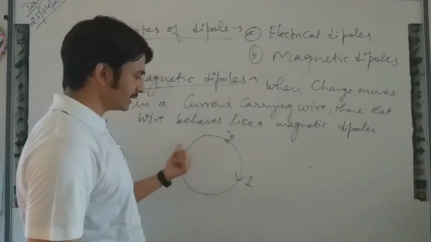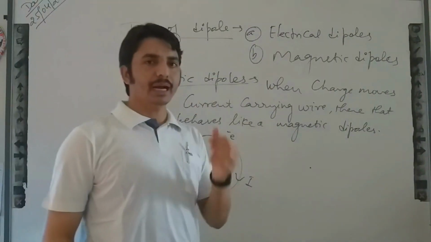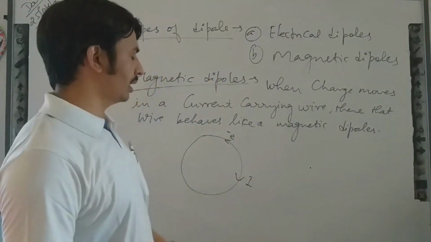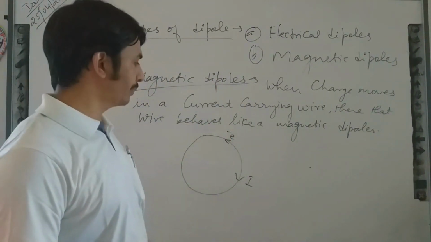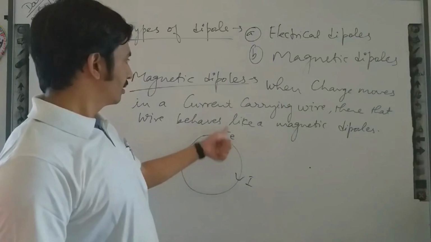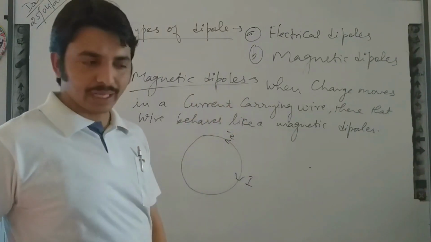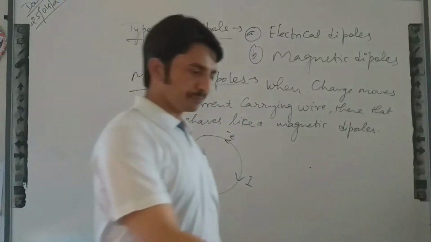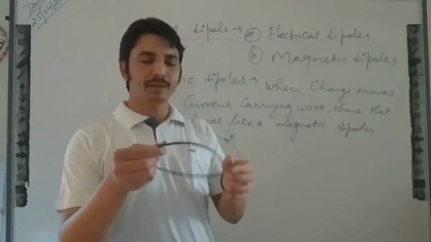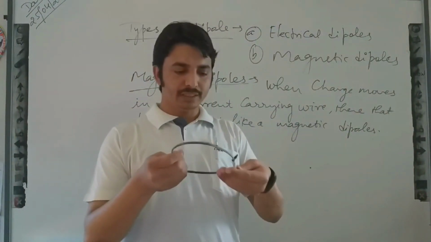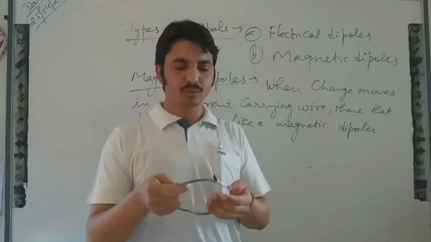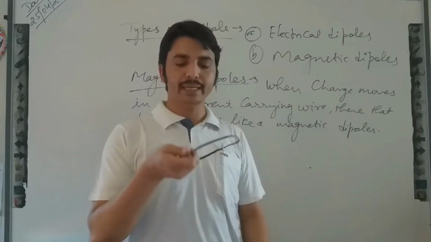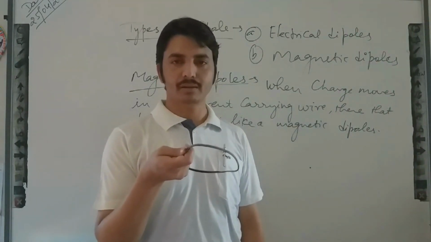So what is the direction of current and how can we identify the direction and magnitude of the magnetic dipole? So direction, I want to show. I have one wire which I turn into a circular loop and I am holding it in my right hand.